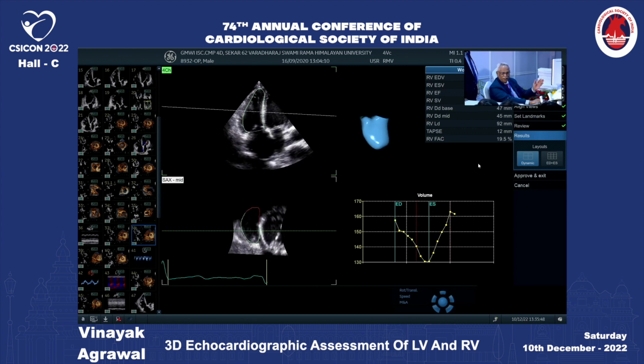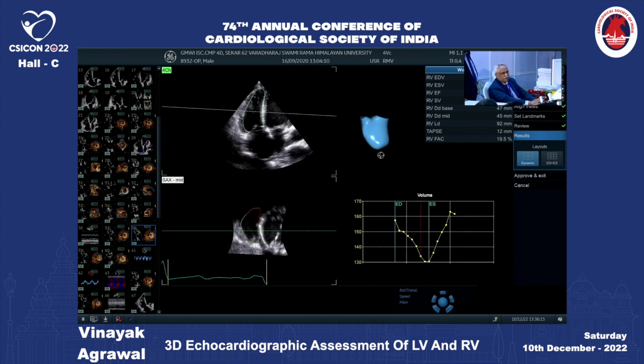I am also not doing it regularly, so I may be tracing some of the things wrongly. So once you start doing it regularly in each patient in your lab, your methodology improves, your endocardial delineation improves, your marking of the points also improves, and you get reliable right ventricular volume.